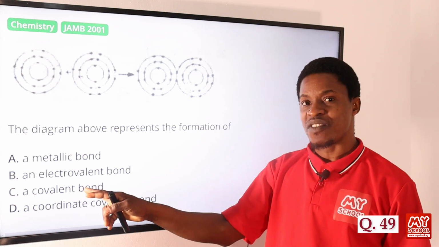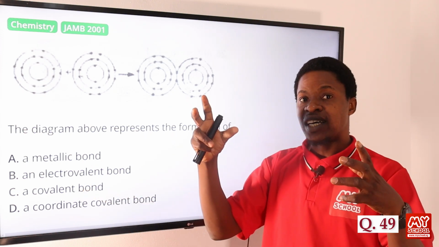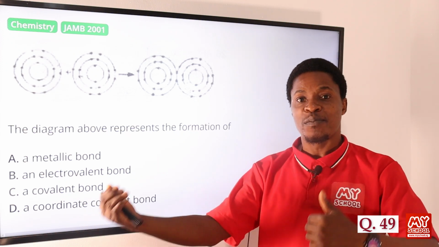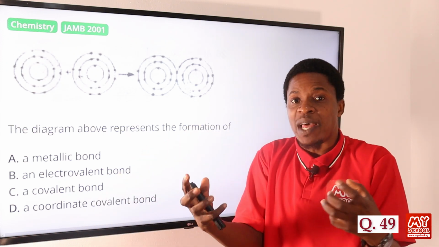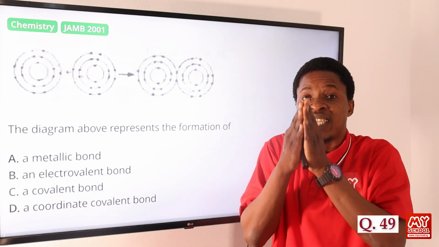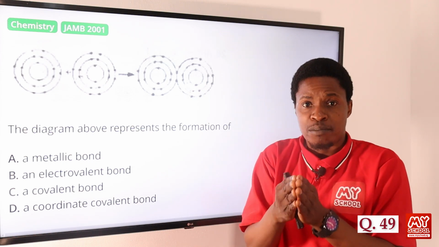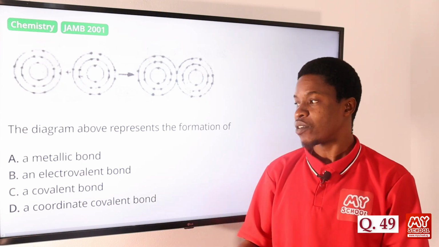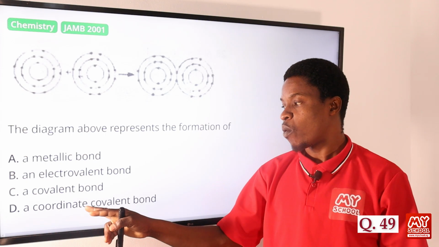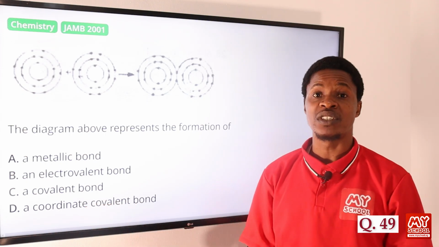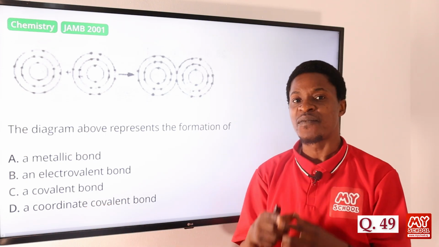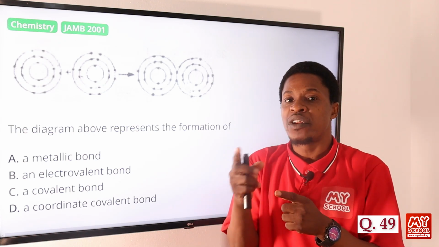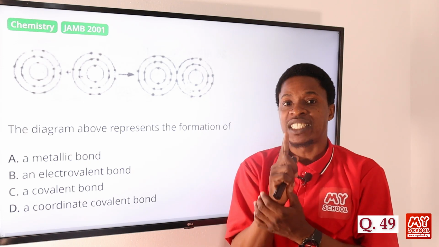But this is ordinary covalent bond because one of the chlorine atoms brought one electron, the other chlorine atom brought one electron. So both of them contributed the electrons that were shared between them. So that means it is 50-50 kind of thing, okay? That is ordinary covalent bond. But for coordinate covalent bond, which is also called dative bonding, the lone pair of electrons shared will be donated by one of the participating atoms.